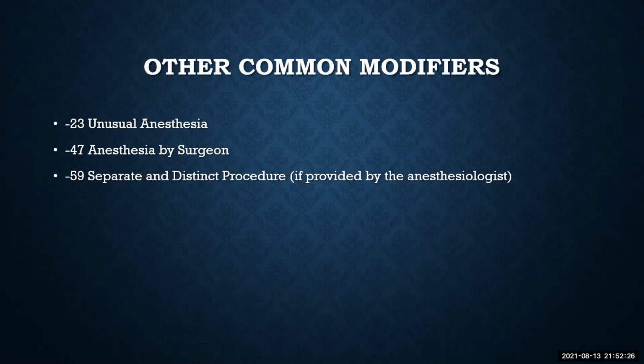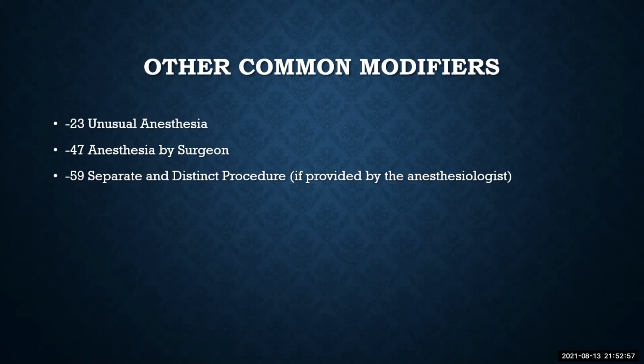So 59 might be used if surgery is performed that's pretty complex or might result in a lot of pain after. So the anesthesiologist may place a nerve block at the end of the procedure. There are two different procedures going on here. We have general anesthesia, so the patient can actually get the surgery, and then the anesthesiologist does a nerve block as well to help with pain management immediately after the surgery.